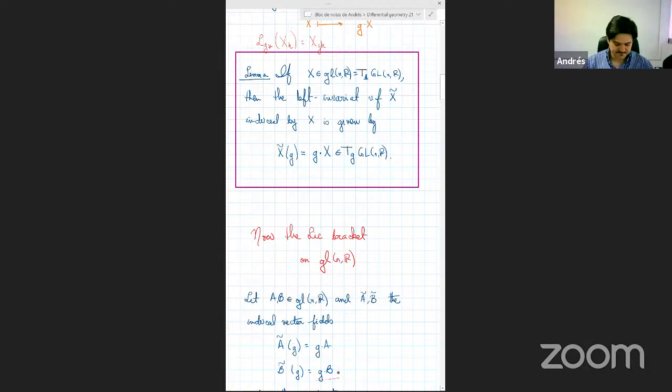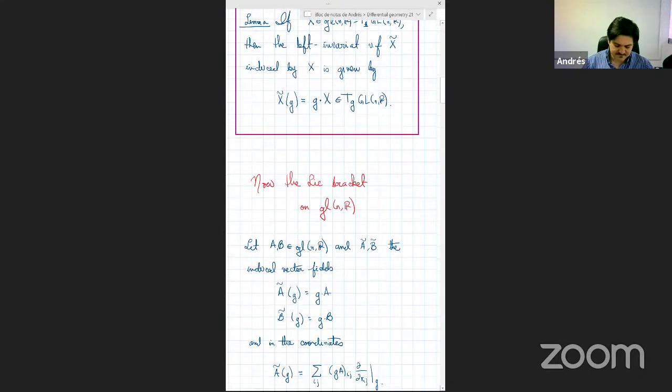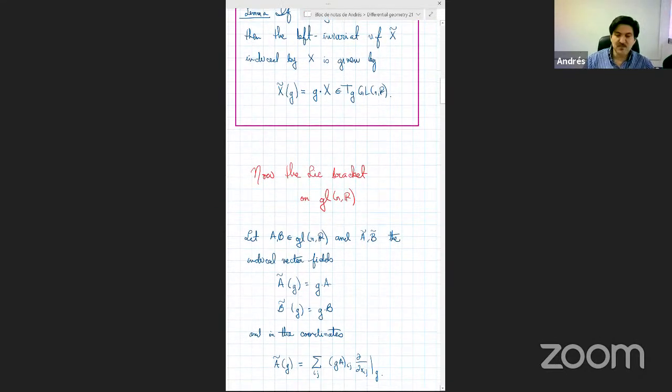Again, this is when we identify a tangent vector only as a vector, or if you want to use the standard notation from differential geometry, this vector looks like this. This is an n by n matrix; I look at the ij entry, and that corresponds in the ij space.